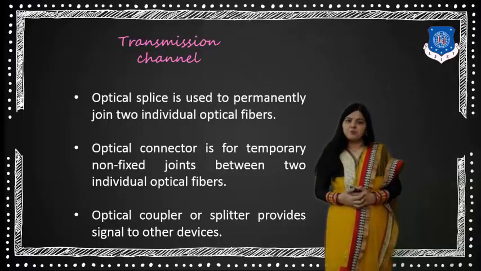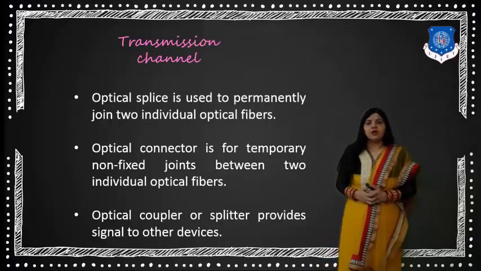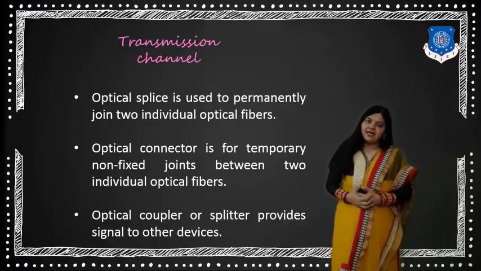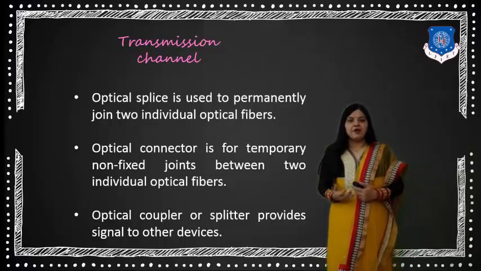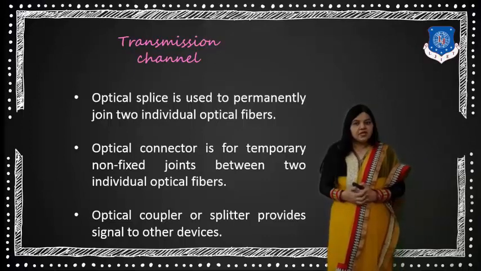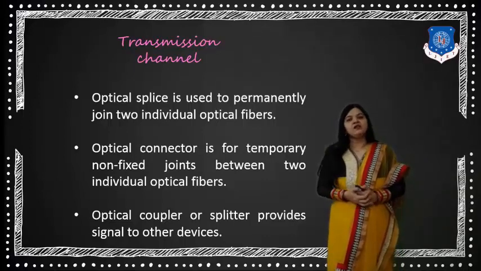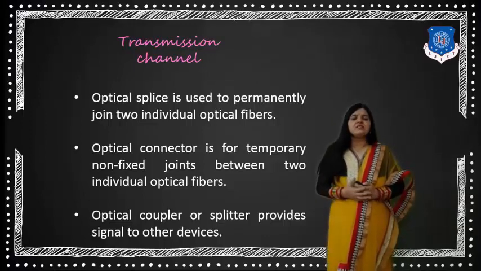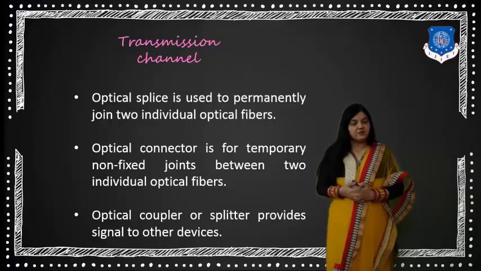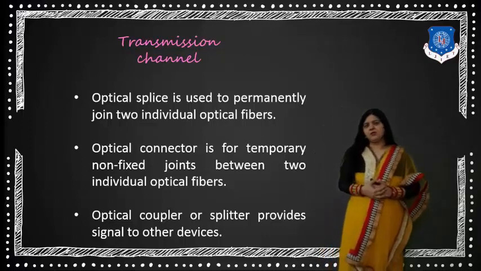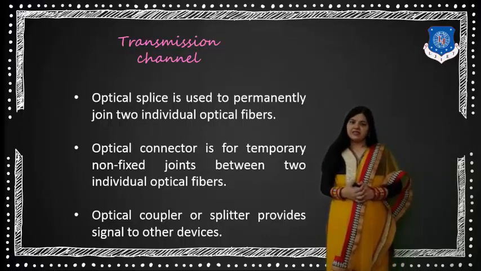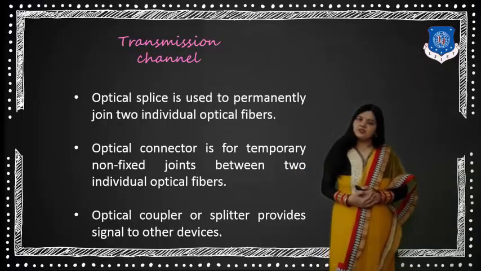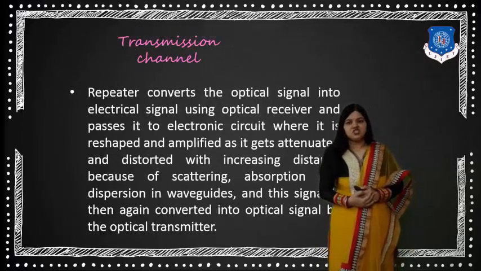Now, the optical splice is also used to join the individual optical fibers. The optical connector is for a temporary, non-fixed joint between two individual optical fibers. The optical coupler or the splitter provides the signal to the other devices. If you are using other devices with the same input, you need to divide that. So that is why you can go for the use of the splitter also. Okay, so that is about the transmission channel.